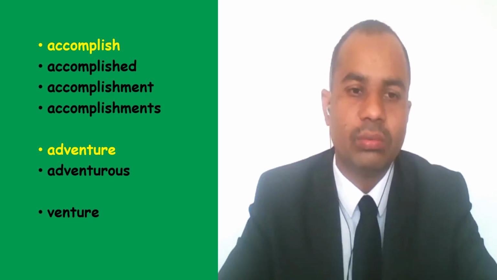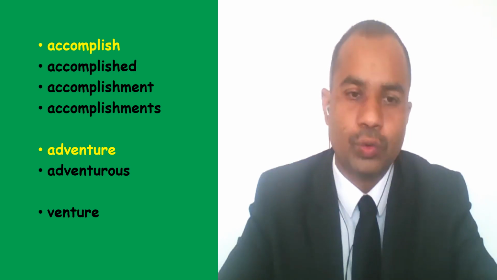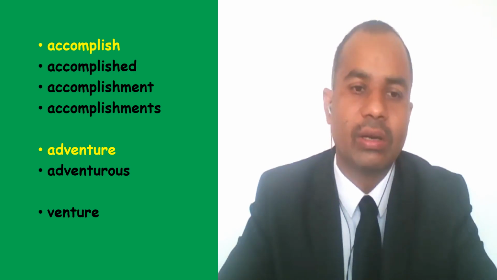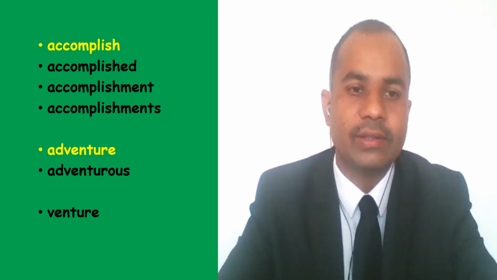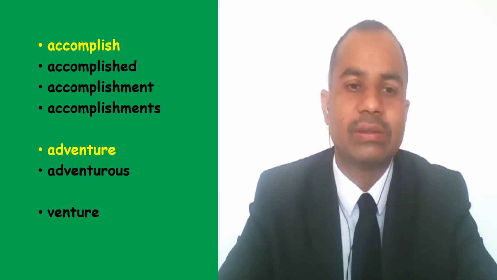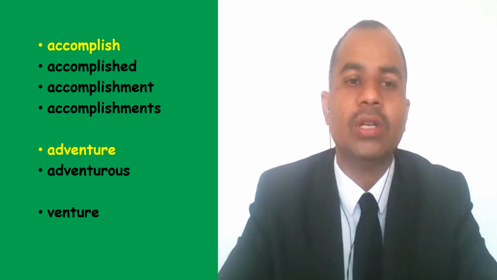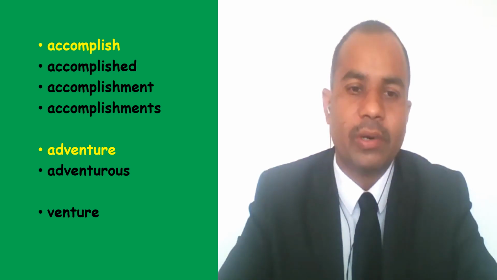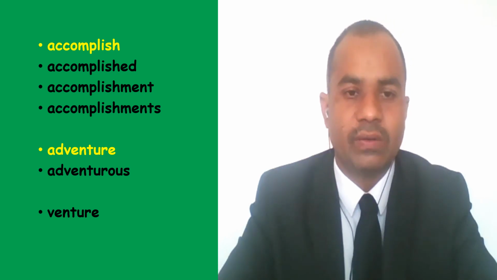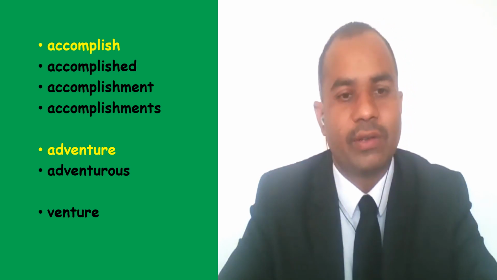Understand is a root word. So don't make it under, then stand. Stand has its meaning, but understand is another root, and then ing is a suffix. So it's not under as a prefix and then stand and then ing as a suffix, but understand is a root word and then ing is a suffix.